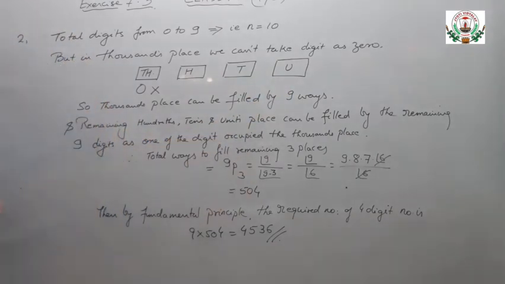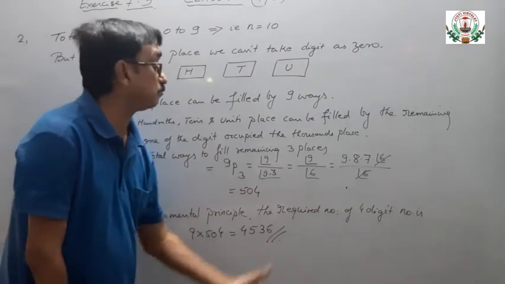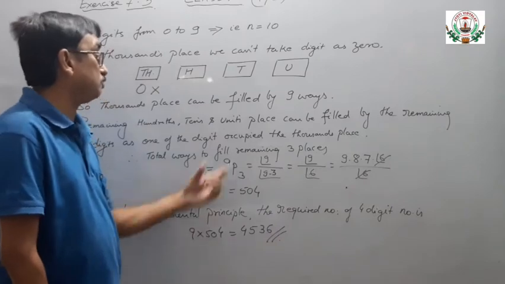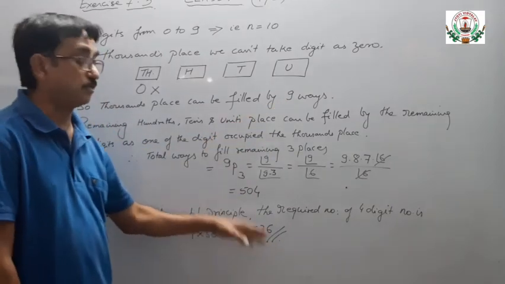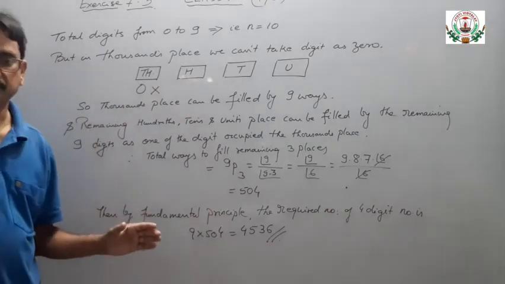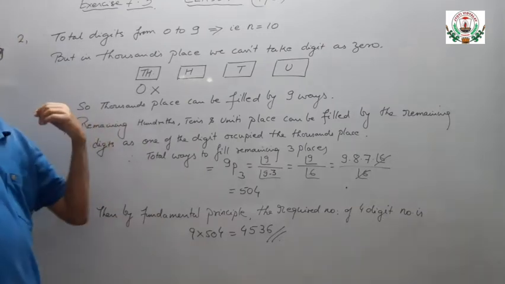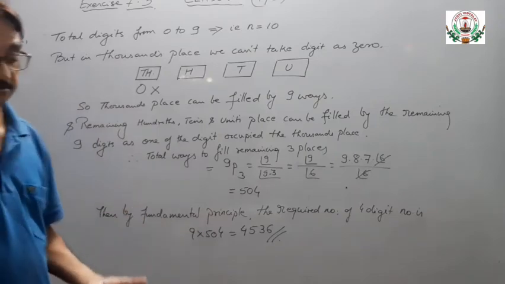So the total number of 4-digit numbers will be 9 into 504, 4536 are the numbers of 4 digits, where we are using the digits 0 to 9.